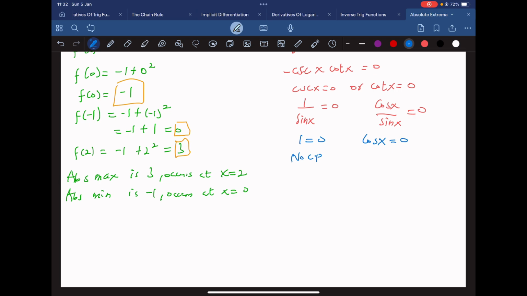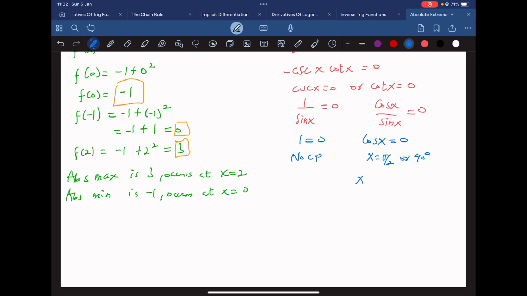Now, we know an x value that will give us 0. But note that we don't have a single value that will satisfy this. We have multiple. Now, we know that when x is equal to pi over 2 or 90 degrees, we can say that cosine is 0. But we have multiples, right?